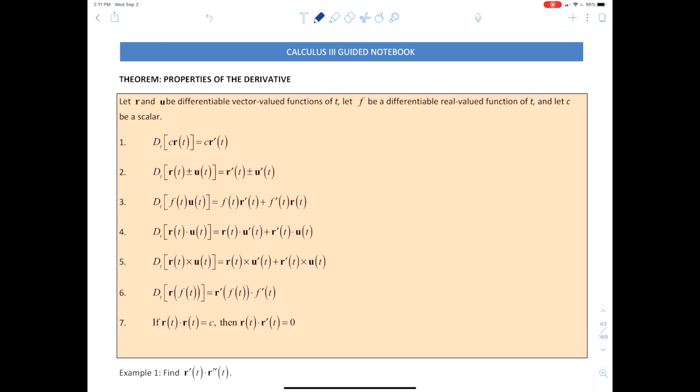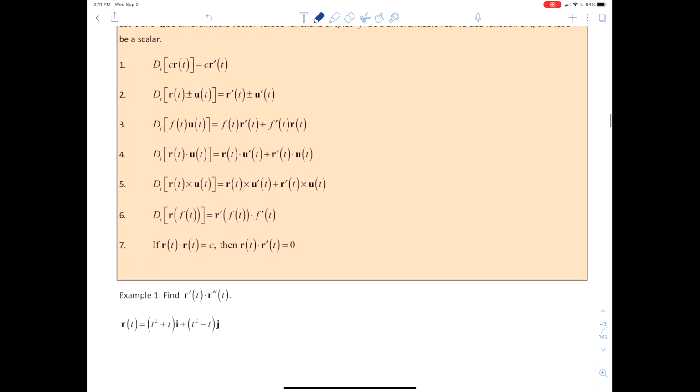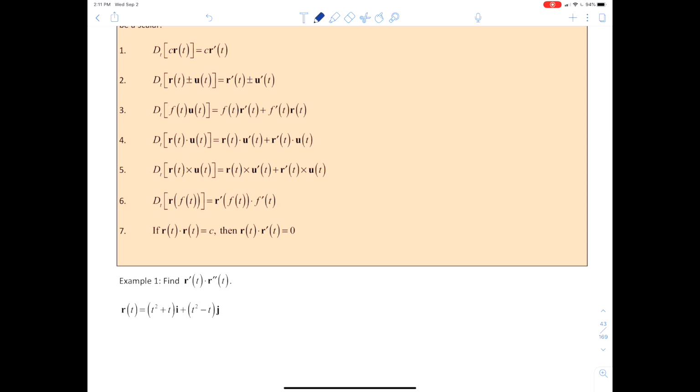And these should seem fairly intuitive to you. So you're just kind of extending the definitions or the properties for regular derivatives to vector valued functions. There is a little bit of a difference though, right?